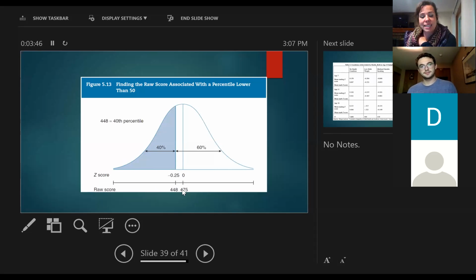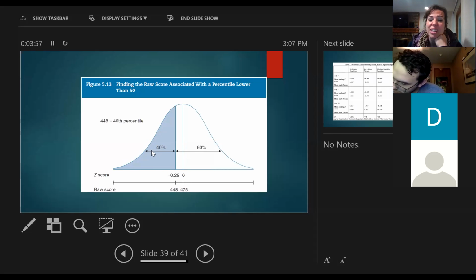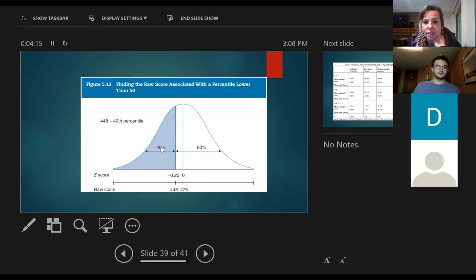I go through the exact same calculation, but this gives me a Z-score of negative 0.25, which shows me that the score is in the 40th percentile, right? Or this area between the mean and it would be 10%, because again, this half is 50. So another way I can talk about this is that 60% of the sample scored higher than this individual. Okay.